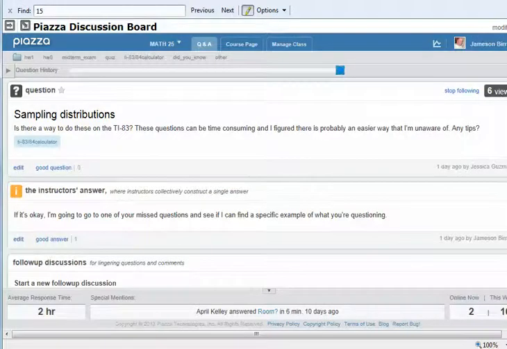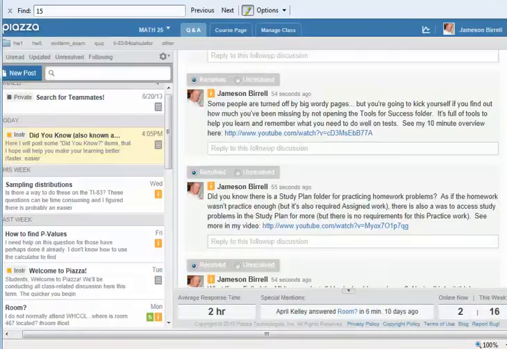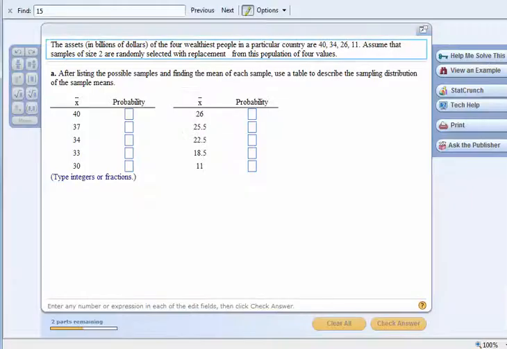Anyway, let me find where I put hers. So this was Tori's question. It said the assets in billions of dollars for the four wealthiest people in a particular country are 40, 34, 26, 11. Assume that samples of size 2 are randomly selected with replacement from this population of only 4 values.